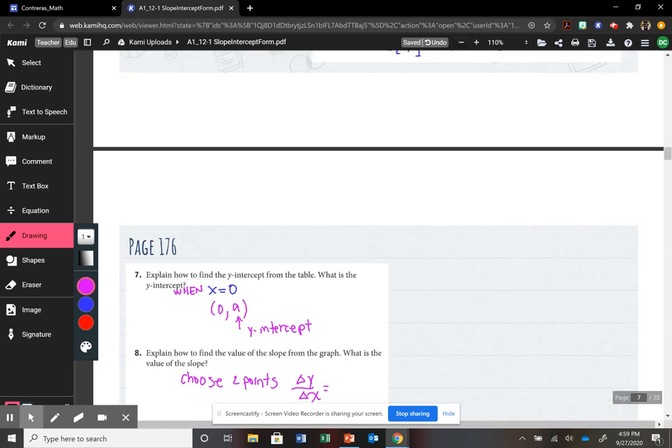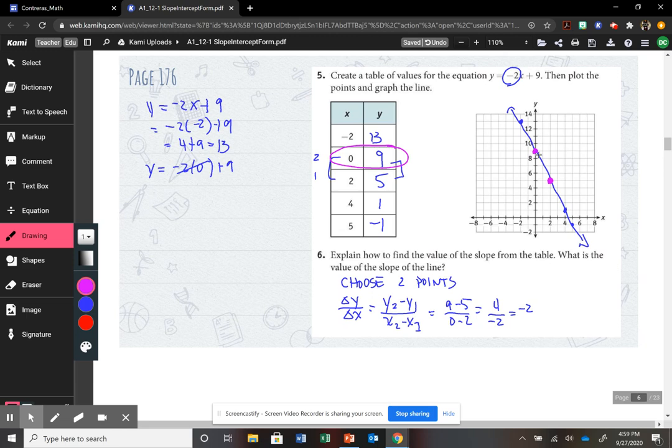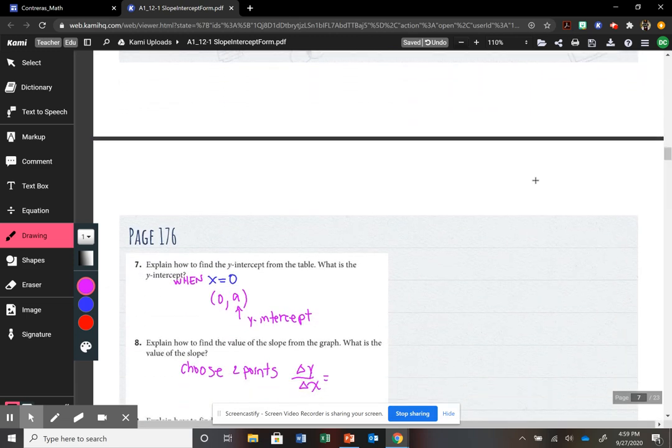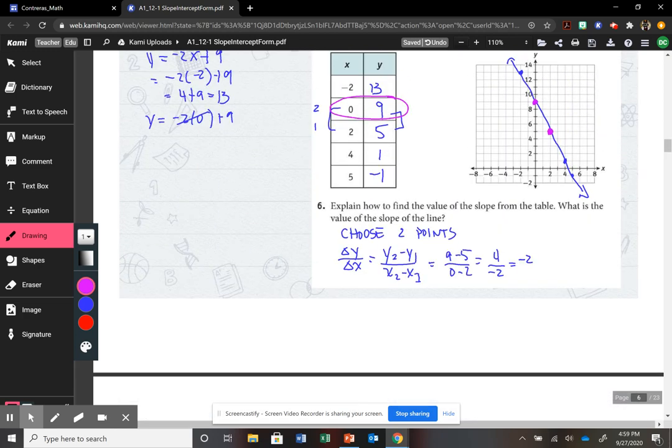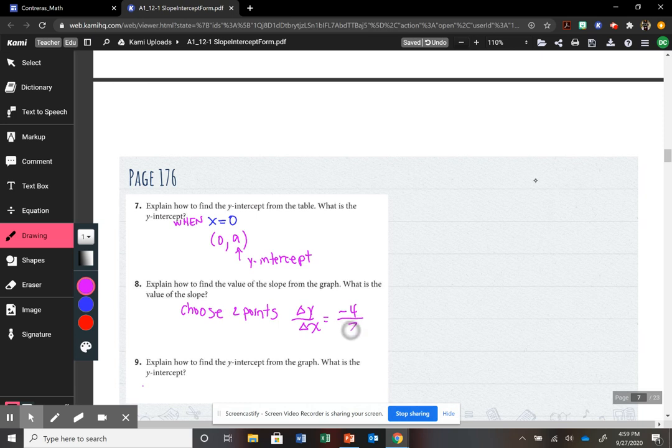So I can count those, right? So let's see, I go down 1, 2, 3, 4. So down 4 for my change of y. My run or my change of x is 2, right? 1, 2. So here I have -2, which is indeed my slope.